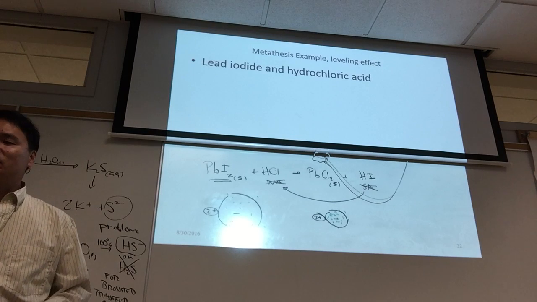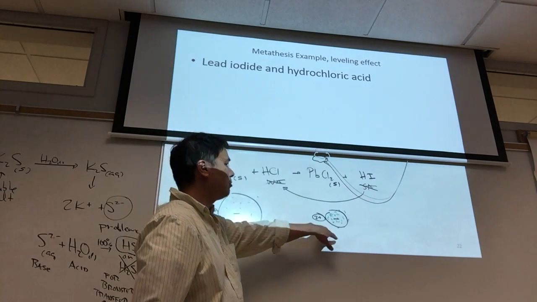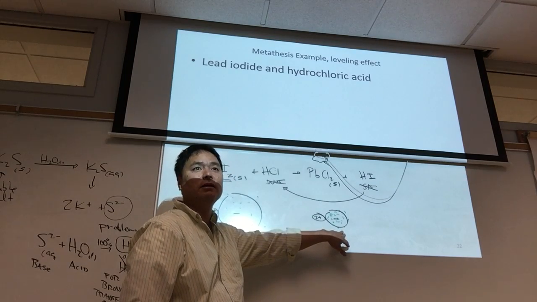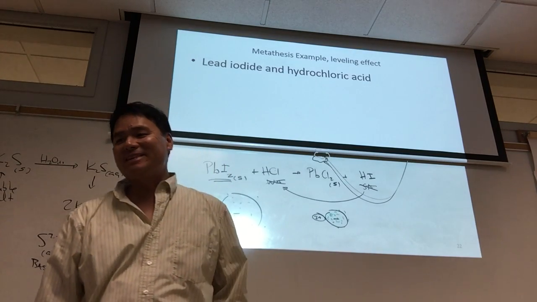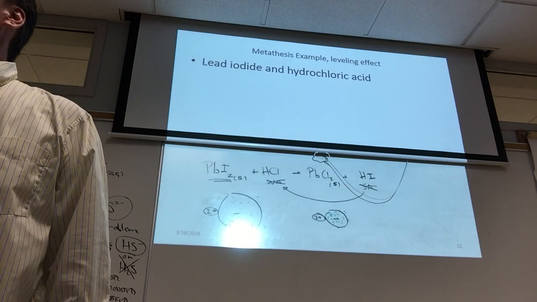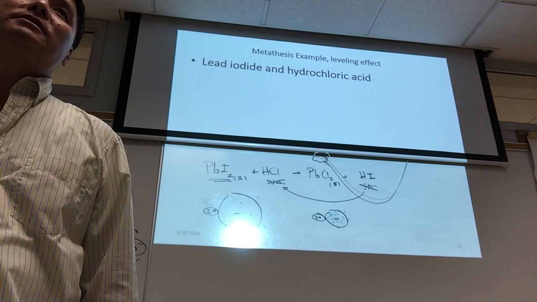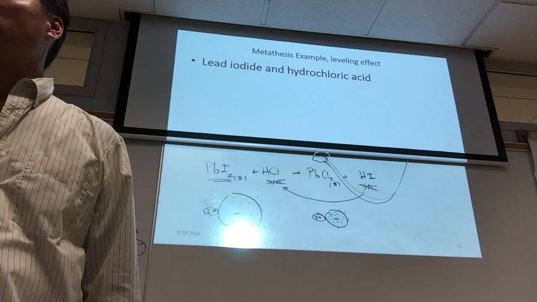But is that what was observed? No, it turns out lead-2 chloride is a heck of a lot more soluble. And so what does that mean? Does that mean everything I've talked about so far is wrong? No, it means I'm oversimplifying bonding.